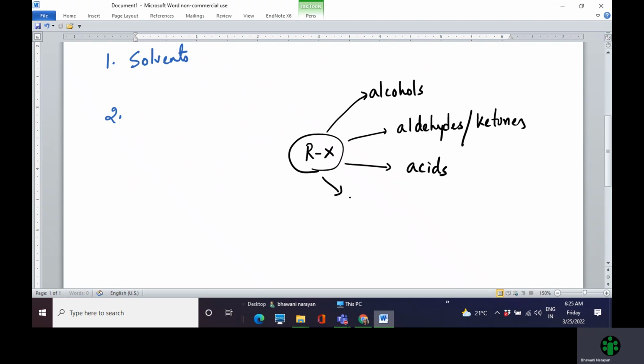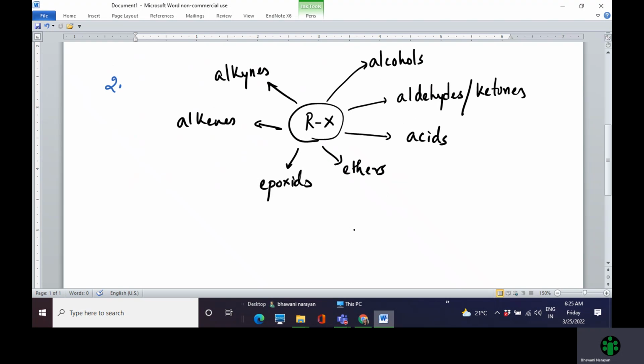We can convert them into ethers, epoxides, alkenes, and alkynes. That's like, wow, 7 more molecules from the same starting material. Definitely, it's a very, very important reactant and a very important starting material.